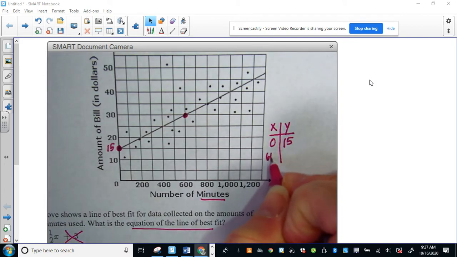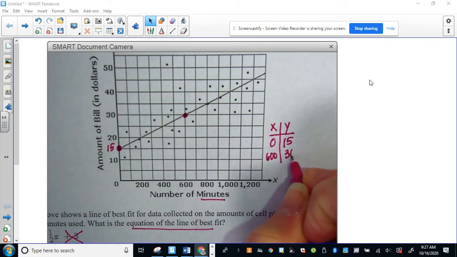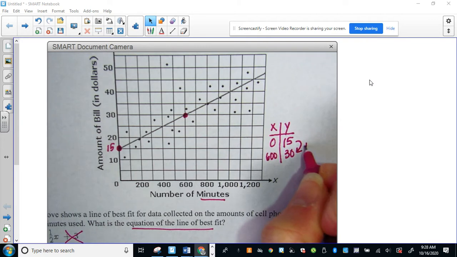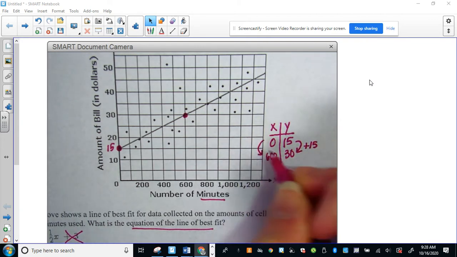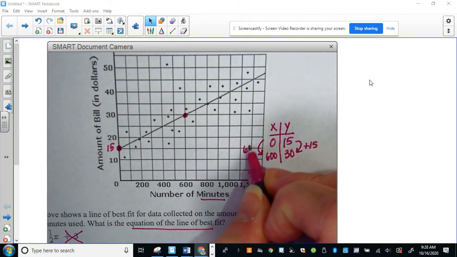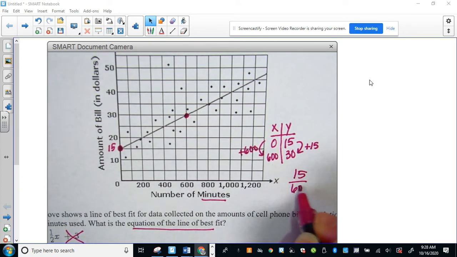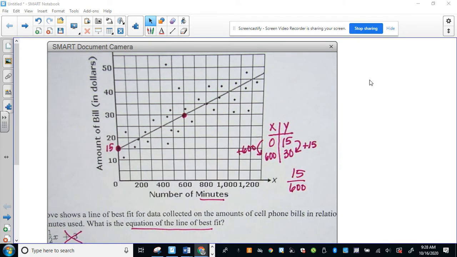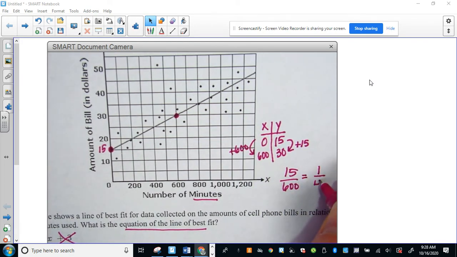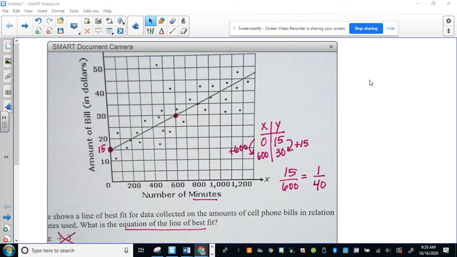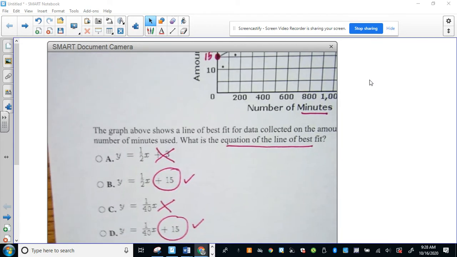So if you talk 600 minutes, it would be $30. So I'm going up $15 per every 600 minutes. So that would be 15 over 600.